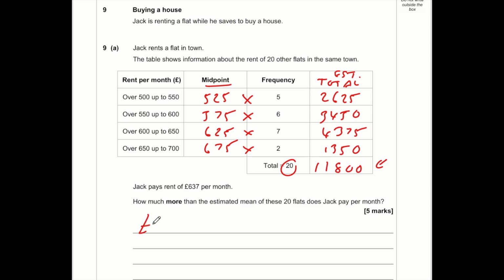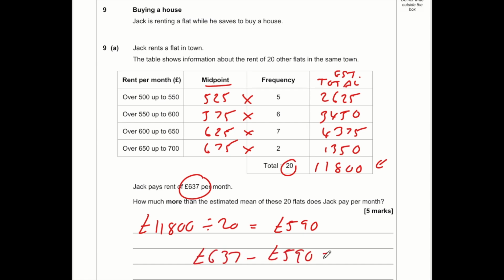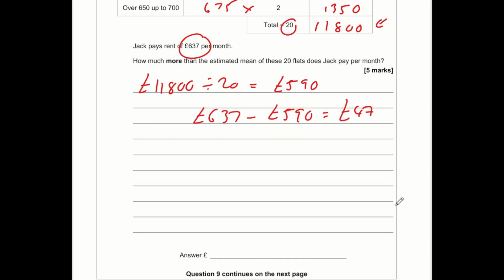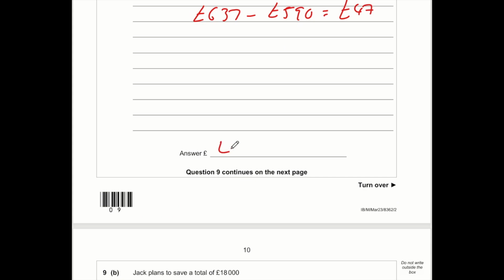So the estimated mean is going to be 11800 divided by 20, and that comes to 590. Now Jack pays 637 per month, so how much more does he pay than the estimated mean? Well, that's just the difference, so 637 minus 590, and that is therefore £47. So answer 47.